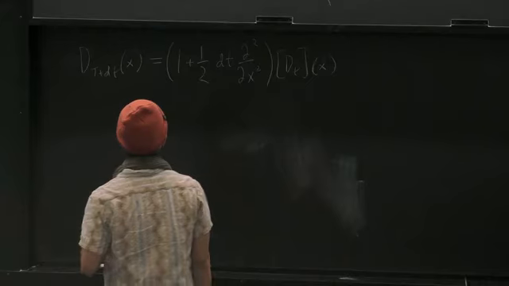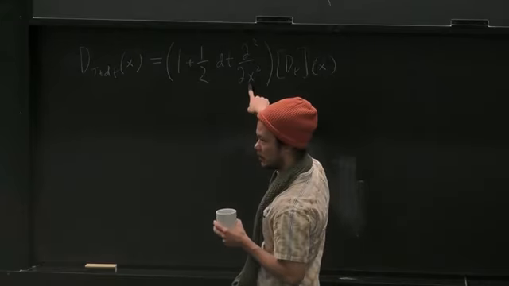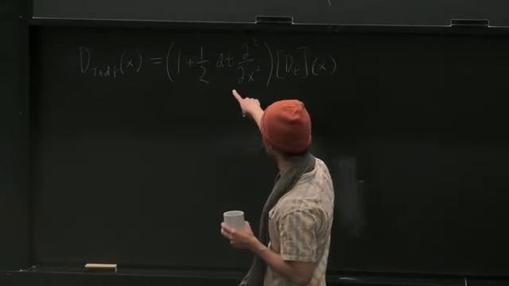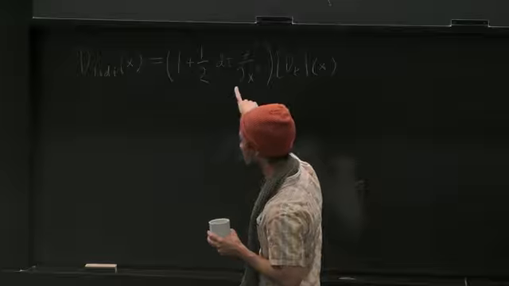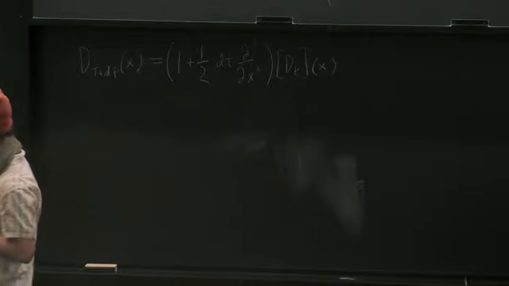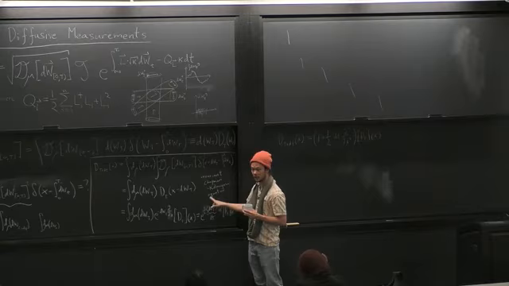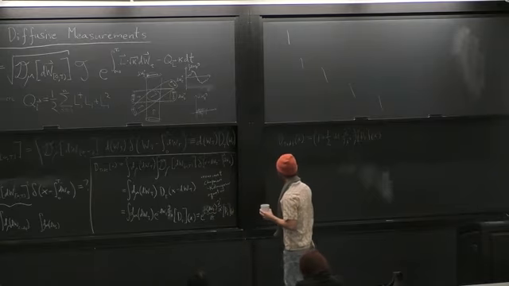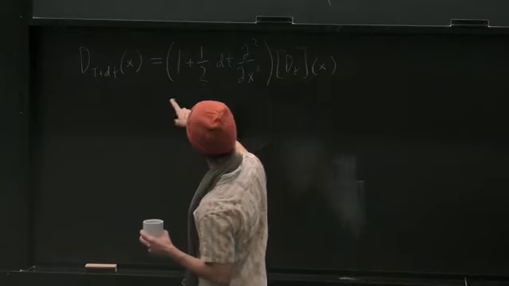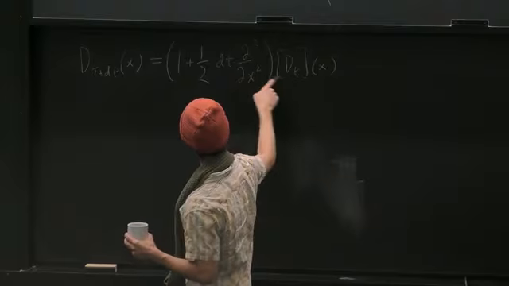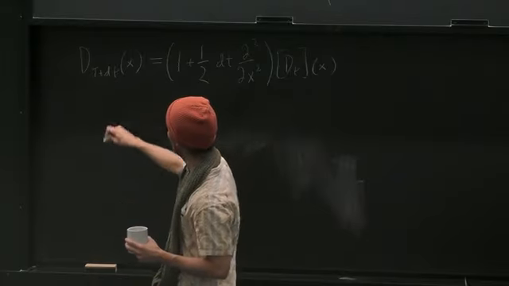Okay, is everybody happy with this? I just expanded the exponential. Rob, I'm so sorry to make you squint. This thing can be expanded as 1 plus this little bit. Once you're there, hopefully you can see that I can move the ρ_t(x) over.